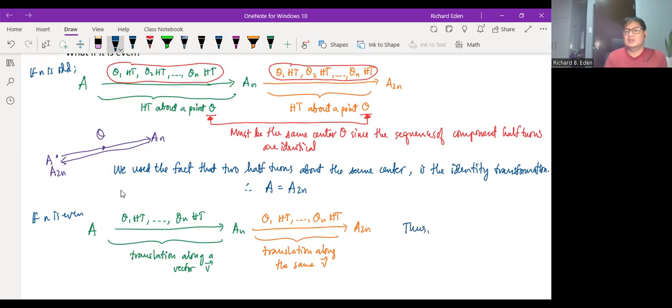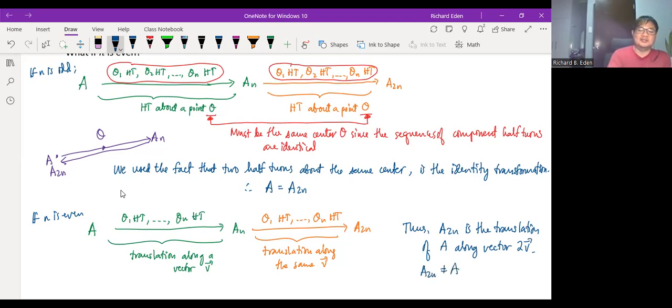Thus, A sub 2n is the translation of A along the vector 2v. So therefore, A sub 2n and A are different.